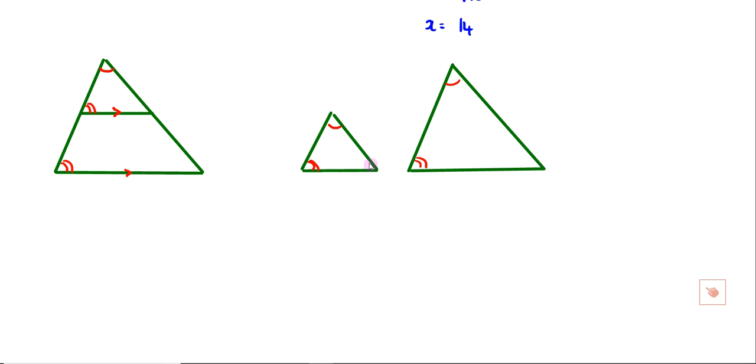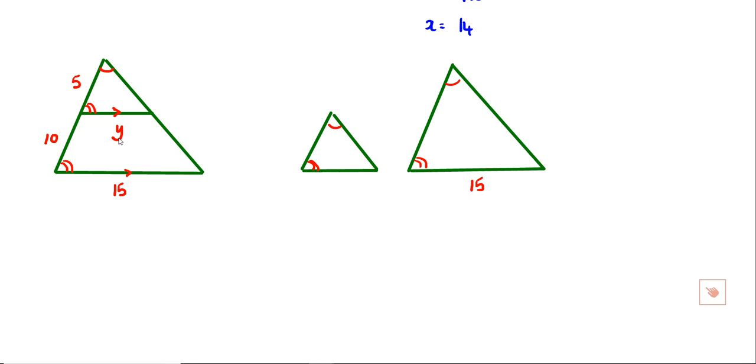Now obviously the way this one works is we've got 15 here, then it's 10 and this is 5, and you are asked to find this length here.